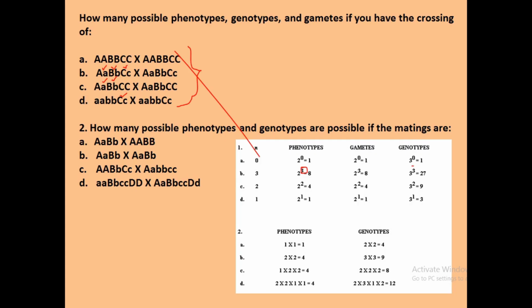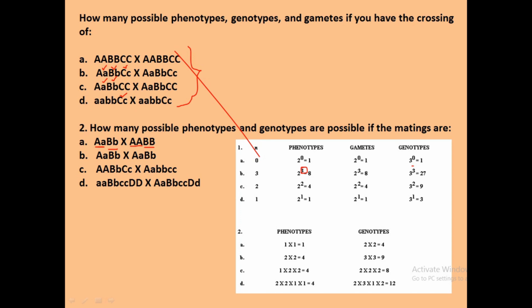So here if we cross between capital A capital A and capital A small a, what kind of phenotype will we get? We will get one type of phenotype, so we have written 1. If we cross between capital B small b and capital B capital B, we get one type of phenotype, so it is 1, and we get two types of genotype.